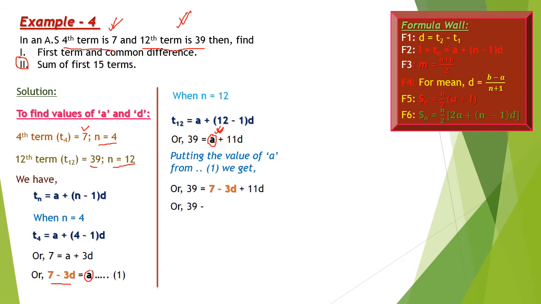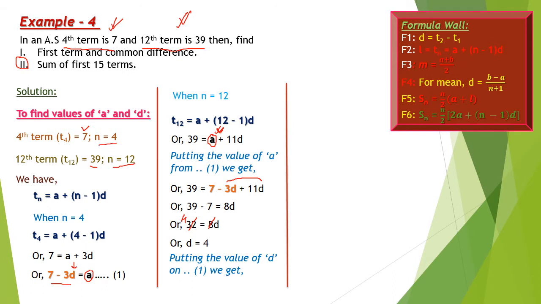Or 39 minus 7 is equal to 8d. The subtraction gives 32 equal to 8d. The value of d is 4, since 8 fours are 32.